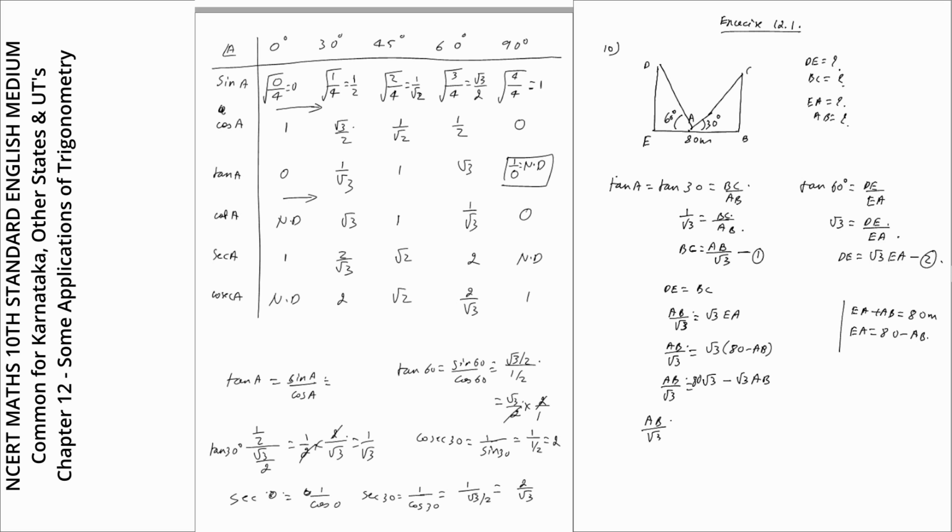So AB by root 3 plus root 3 into AB is equal to 80 root 3. Now I will take AB as common factor on the left hand side. So AB into 1 by root 3 plus root 3 is equal to 80 root 3.